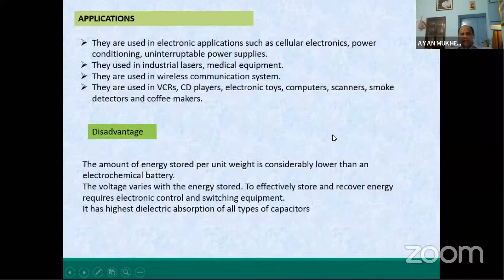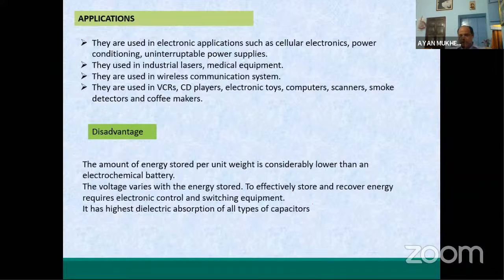Now, as I have told you previously, supercapacitor has different applications in the industrial sector, electronics, power sectors, and in day-to-day life, such as computers, scanners, smoke detectors, etc. But it also has some disadvantages. That is, the amount of energy stored per unit weight is considerably low in today's supercapacitor materials.